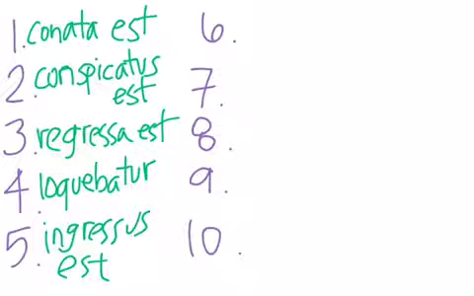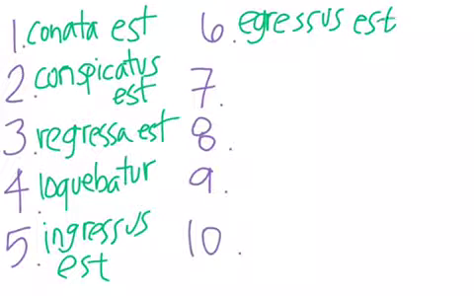Okay, number 6, egressus est. Okay, number 7, conspicatus est.